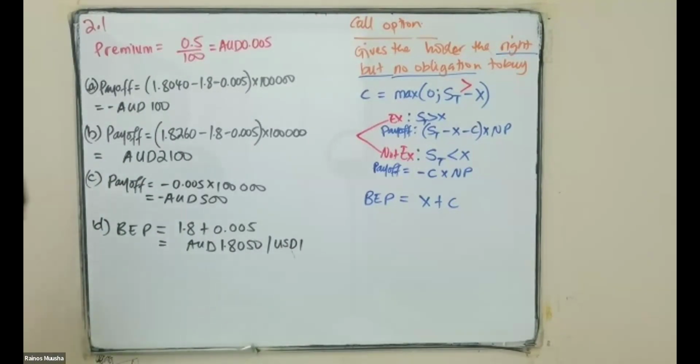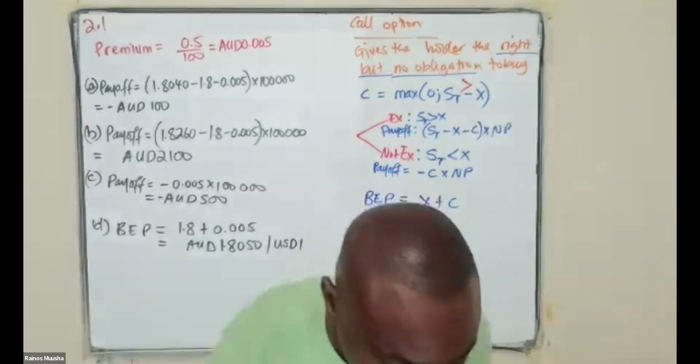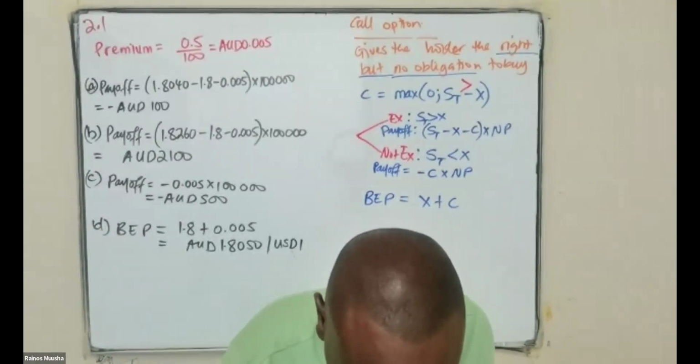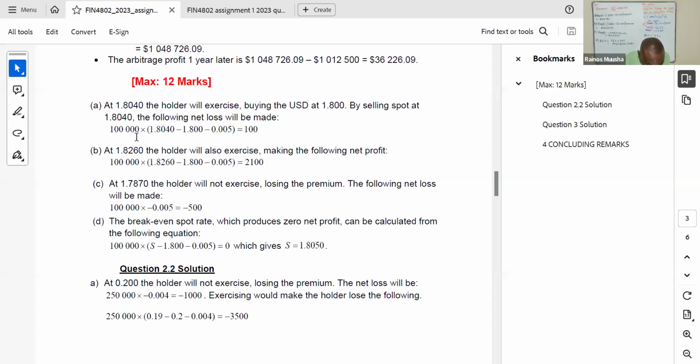So if you check on the lecturer's memo, for the first one we also got negative 100, but remember these are Australian dollars. You've got 2,100, you've got minus 500, and then we have 1.8050 as well, which are all in Australian dollars.